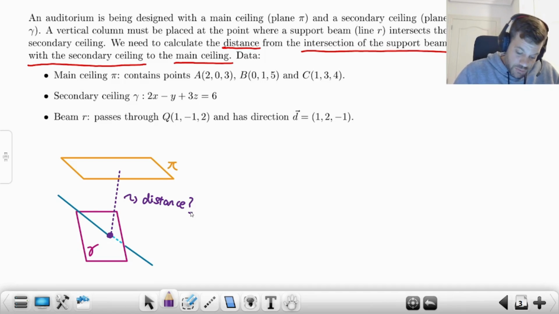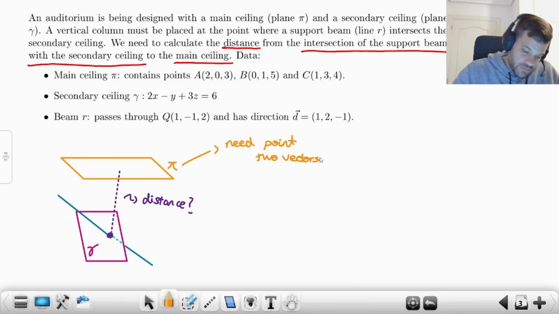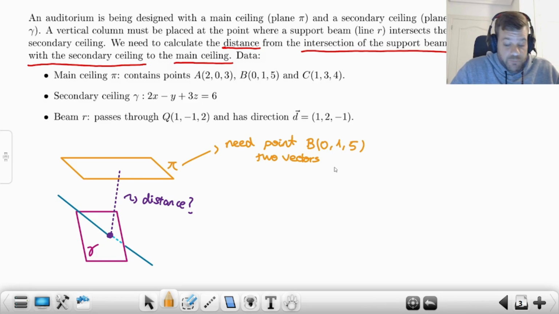So let's define objects first. Regarding main ceiling pi, it contains 3 points, A, B, and C. We need a point and two vectors in order to create a plane. For the point, all three are equally good. Let's take B, just because it includes a 0: 0, 1, 5. And two vectors: given 3 points, it's always possible to create vectors connecting the points in any direction.